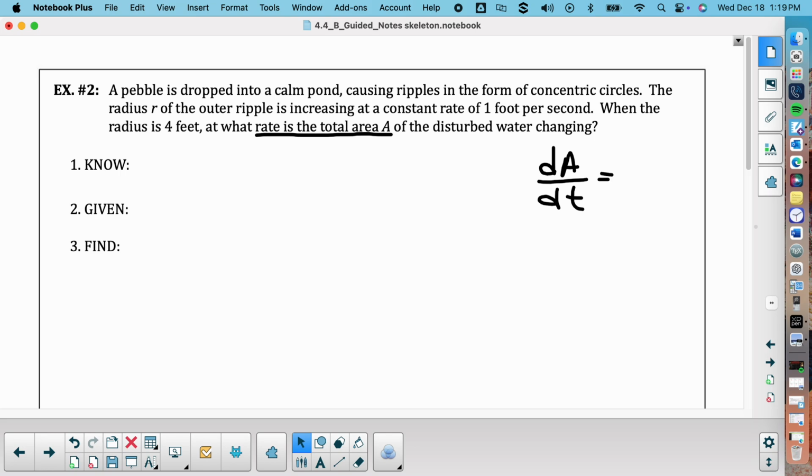What's the shape it's talking about? Circle. Okay, so area of a circle. Hopefully you know it. If you don't, look it up. So pi r squared. And then because we are trying to find A prime or dA dt, we need to take the derivative of this formula.